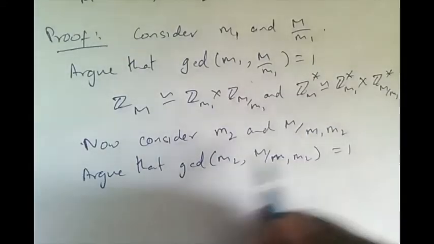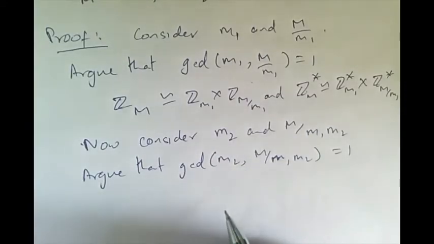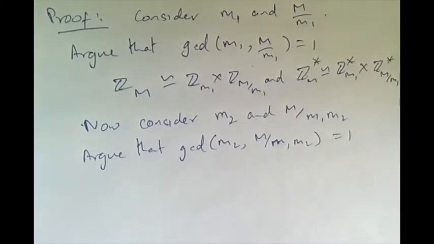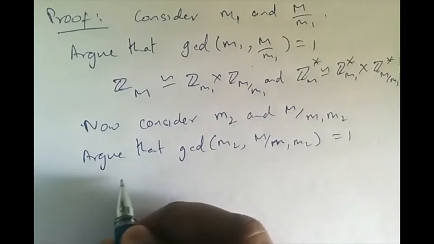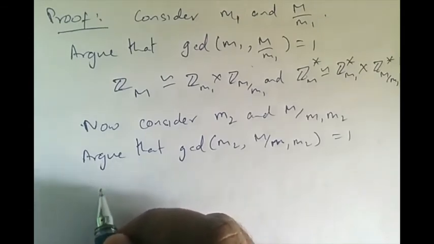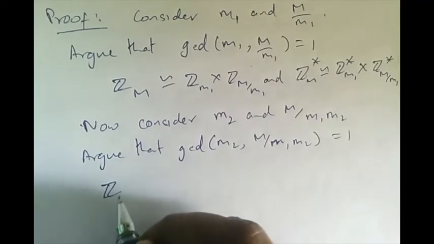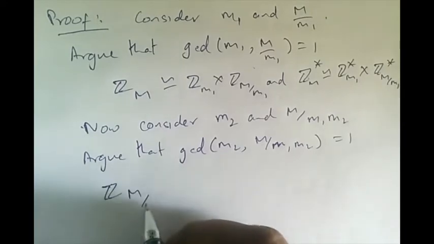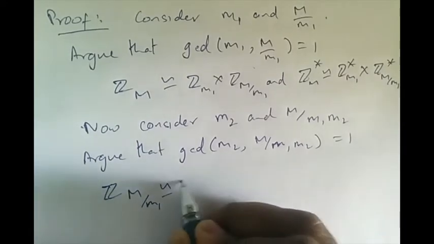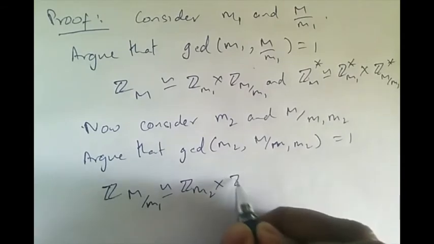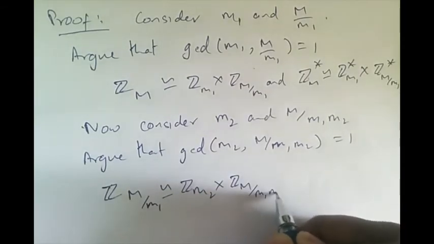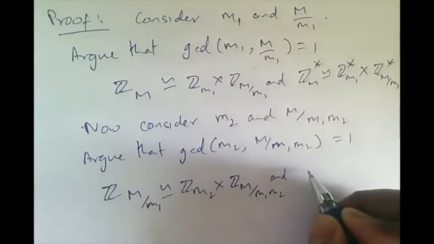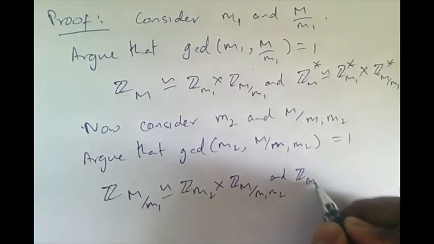So now these two integers satisfy the hypothesis of the Chinese remainder theorem, the original one, not the extension, where you had only a couple of integers, p and q. So now argue and show that, from the Chinese remainder theorem, it follows that Z M by m1 is isomorphic to Z m2 cross Z M by m1 m2, and the star version also holds.